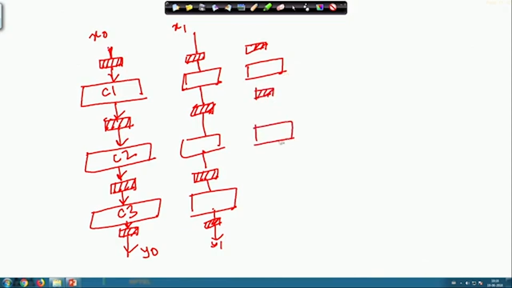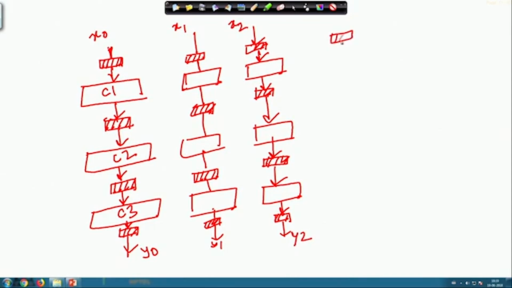That means I am just copying this circuit, with one processing element, multiple times, correct? So, this is for y2 and x2, and then for the fourth processing element I need to do the same thing.